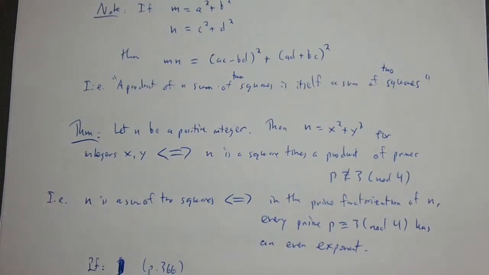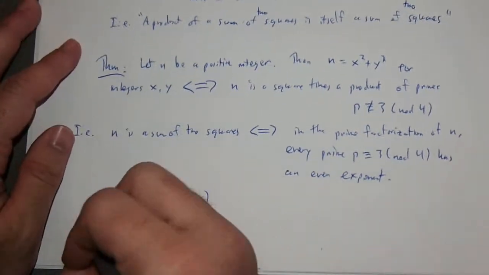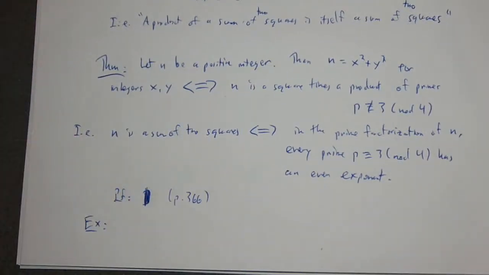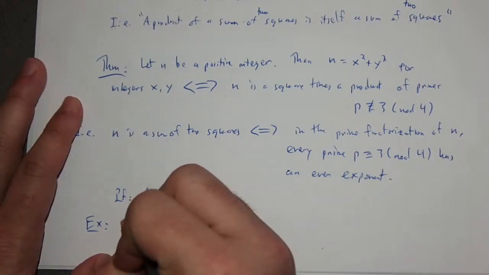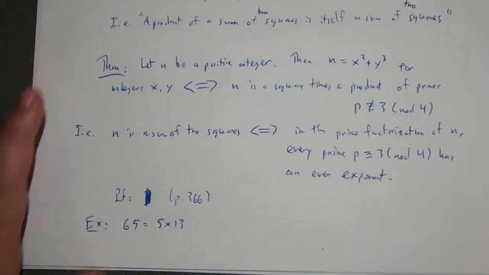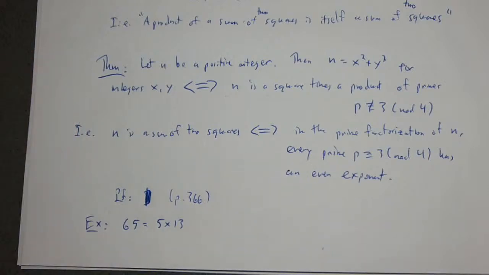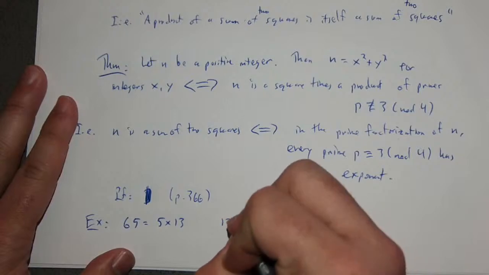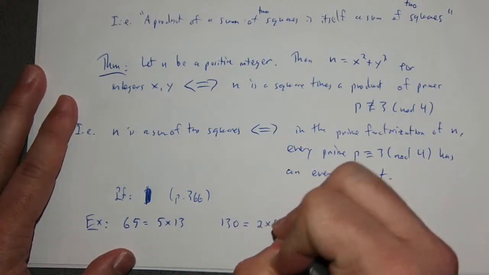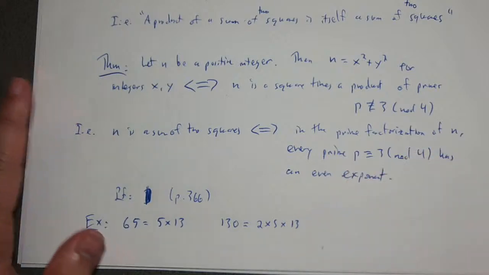Okay, so some examples then. So this implies there's some numbers that can be written as sums of two squares and some that can't. So 65 is 5 times 13. Both 5 and 13 are congruent to 1 mod 4. And 130 is 2 times 5 times 13.